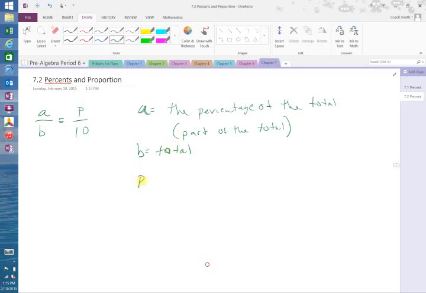P is obviously the percent. And 100 is always constant at 100.